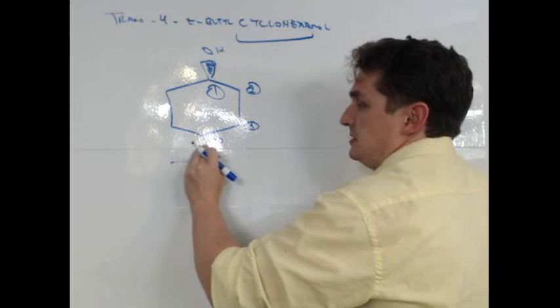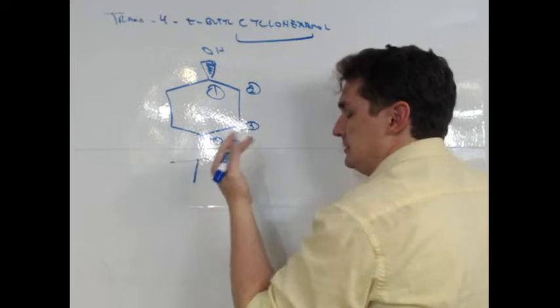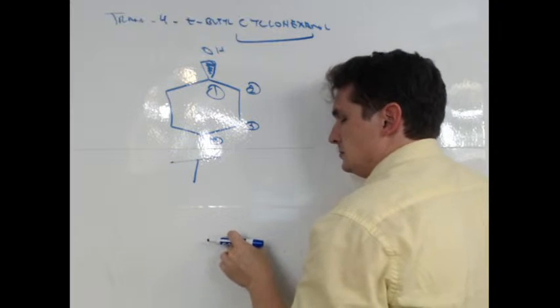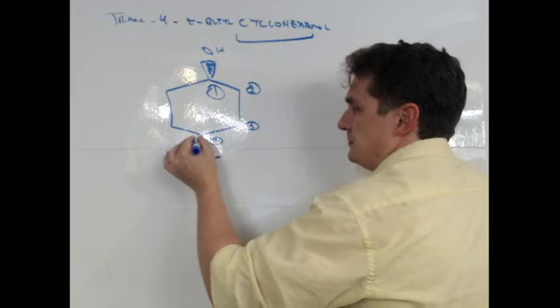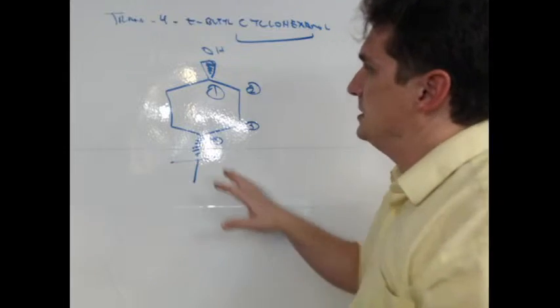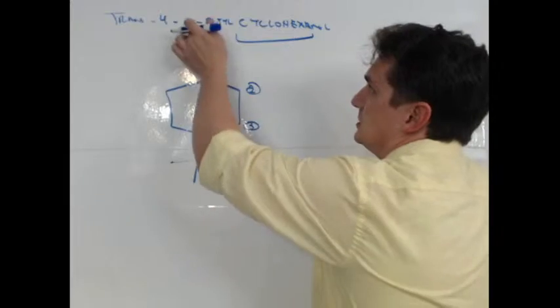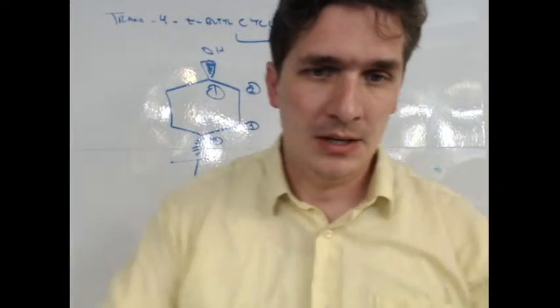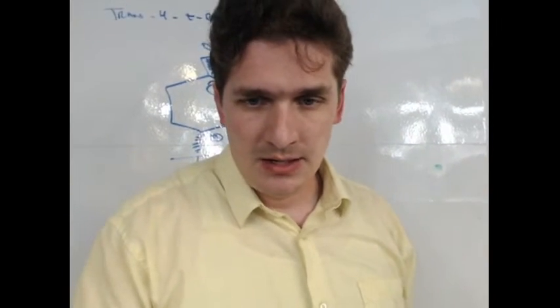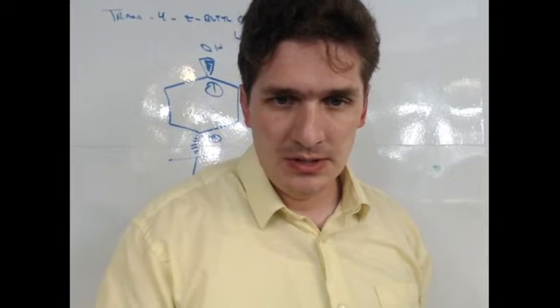So this is really easy to do with this line bond drawing instead of the boat conformation. So to be trans, one's going to be wedge, one's going to be dash. So this is your trans-4-tert-butyl cyclohexanol. And I can turn the camera around so you can see it.